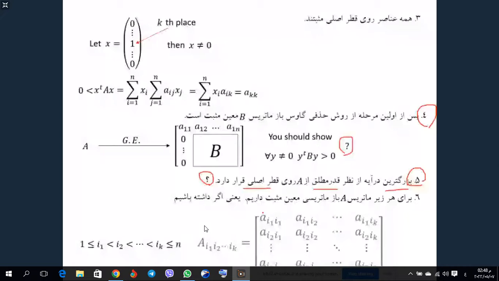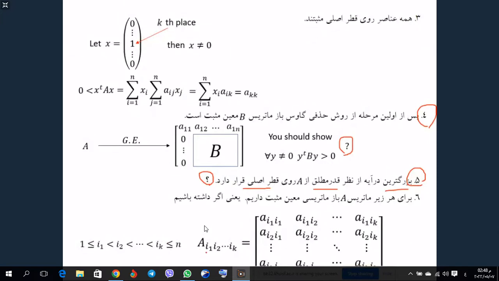That means if we use some indices 1 less than or equal to i1, less than i2, less than i3, less than ik, that is less than or equal to n, these are some indices.